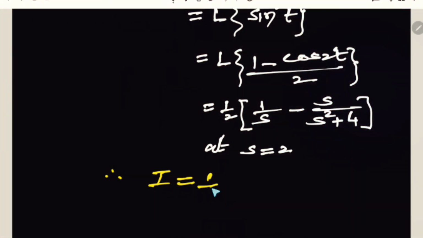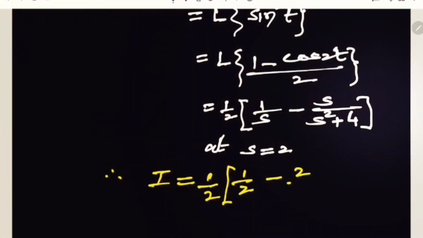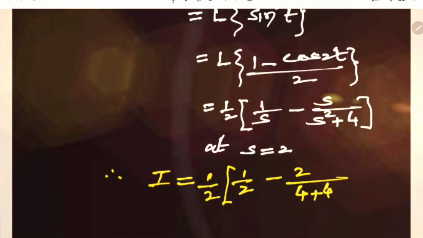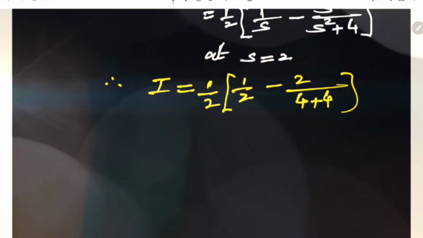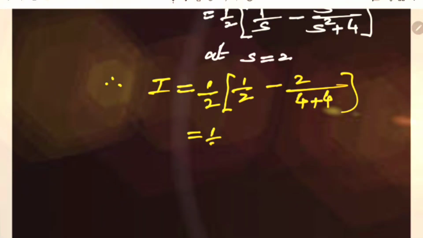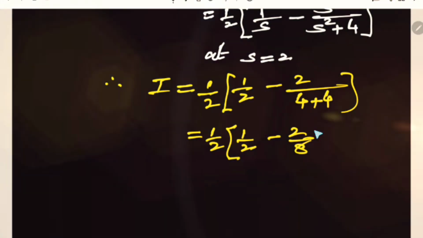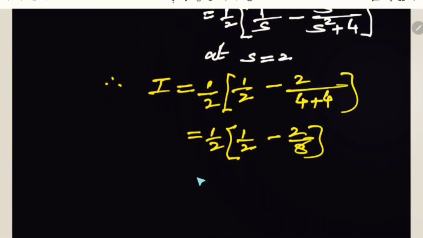Therefore, 1 by 2 into 1 by 2 minus 2 upon 4 plus 4, we get 8. Simplifying it further, we get 1 by 2 into 1 by 2 minus 2 by 8, means 1 by 4.